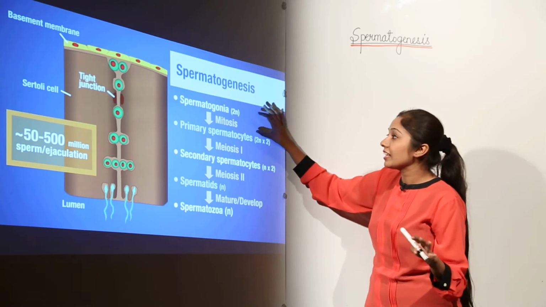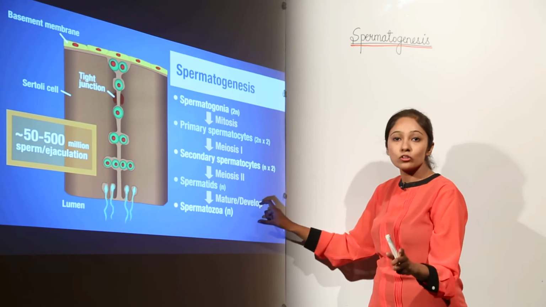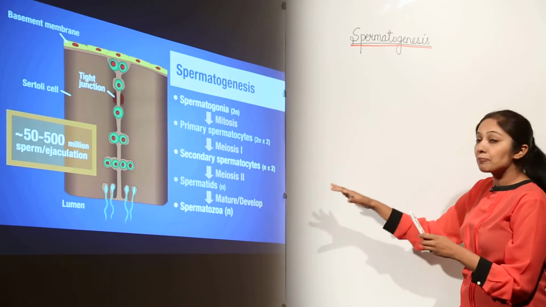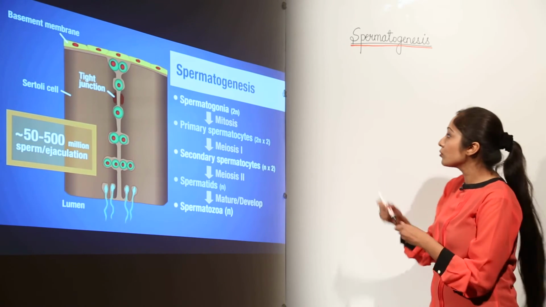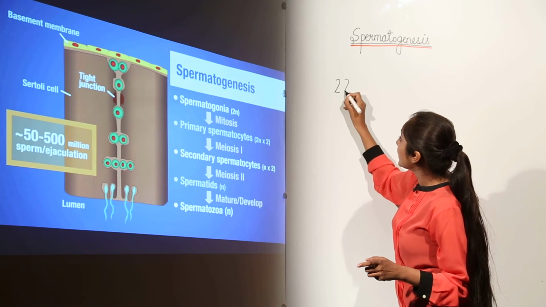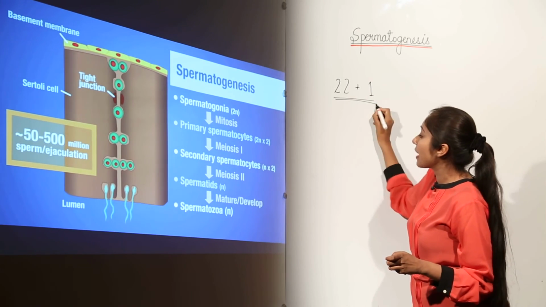Remember, initially we had diploid cells, and when the gamete, that is a spermatozoa or sperm, is formed, it has haploid cells, and haploid means half the number of chromosomes. It means the number of autosomes is going to be 22 and we will have one sex chromosome in the spermatozoa.